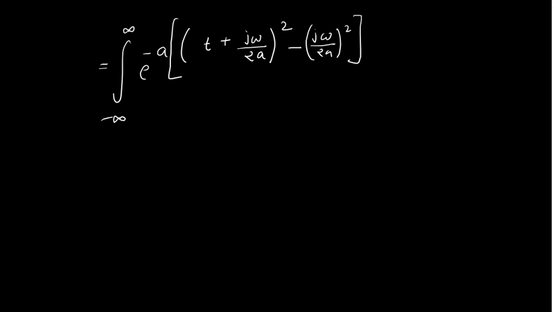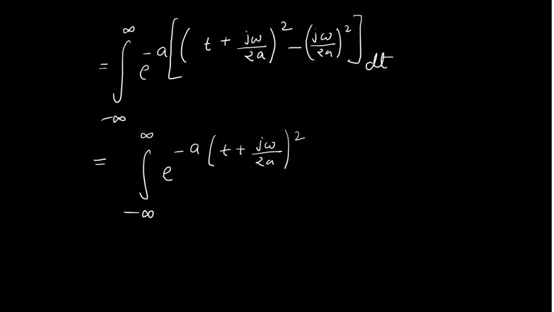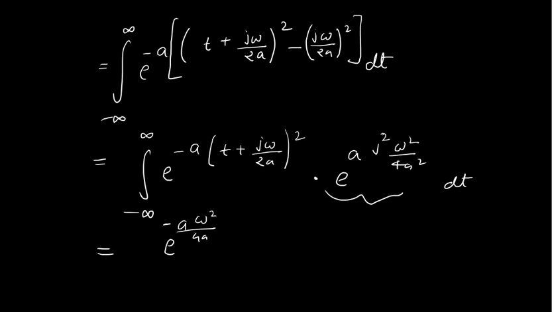So it is e to the power minus a times (t plus j omega by 2a) whole square, into e to the power a j square omega square by 4a square, dt. This quantity will come outside because it is independent of time. Since j square is minus 1, we write it as the integral from minus infinity to infinity of e to the power minus a times (t plus j omega by 2a) whole square, dt.